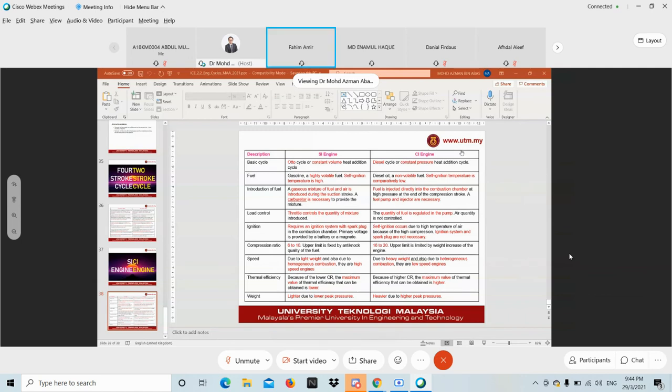That's a curious question I have. Okay, let me rephrase the question. What is the maximum pressure? Because it's two totally different things. Can I answer the maximum pressure first, then later I can answer you on the auto ignition pressure.